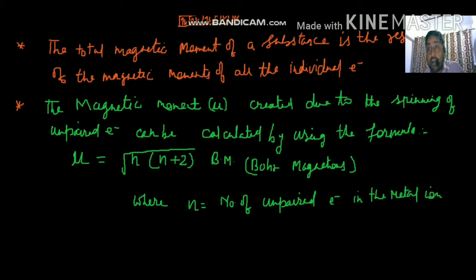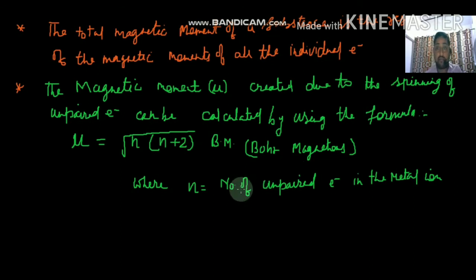Okay, and if we know the value of n and put it in this formula, we can calculate the magnetic moment of the substance.